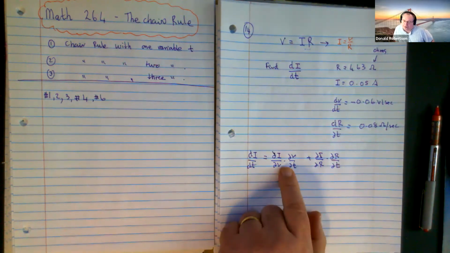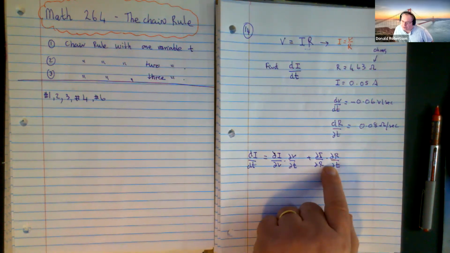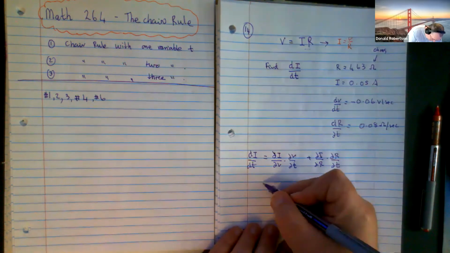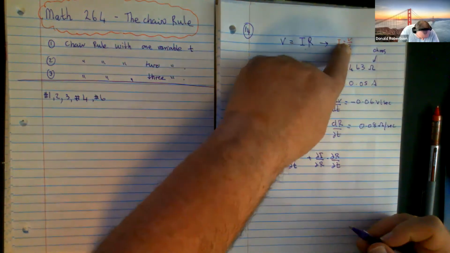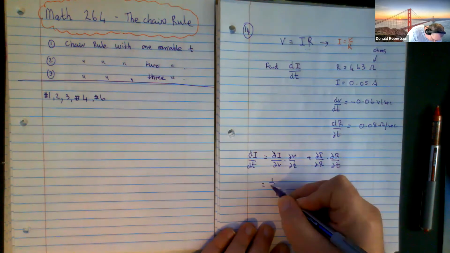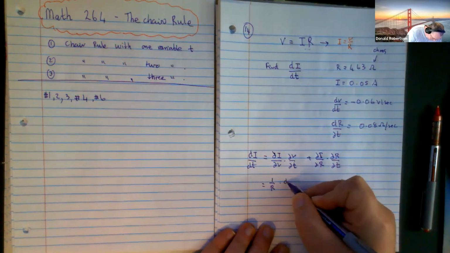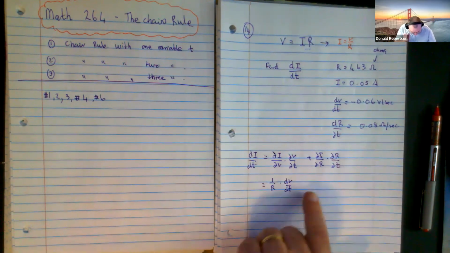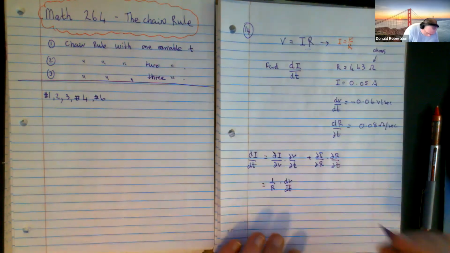That's the contribution to the answer from V, and that's the contribution from R. And we're using this formula up here. Differentiate it with respect to V, and all you get is 1 over R dV by dt. I'm not even going to write that down as a number yet, although it will become a number.